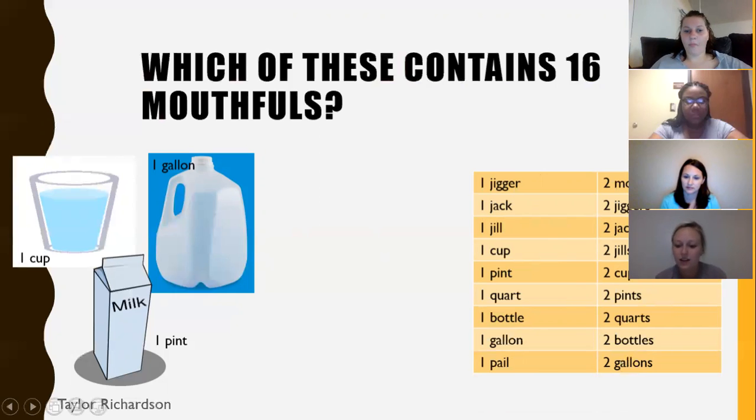Because there are 2 mouthfuls in 1 jigger, we can know that there are 4 mouthfuls in 1 jack, because 1 jack is equal to 2 jiggers. Because there are 8 mouthfuls in 1 gill and 2 gills in 1 cup, we can deduce that there are 16 mouthfuls in 1 cup. So the answer to this question would be 1 cup.